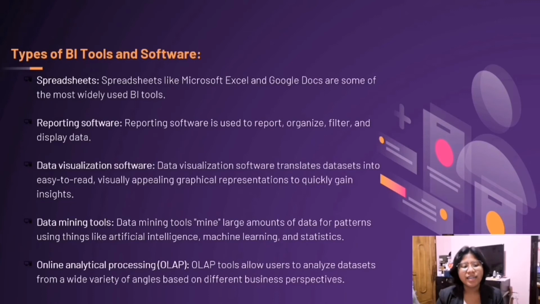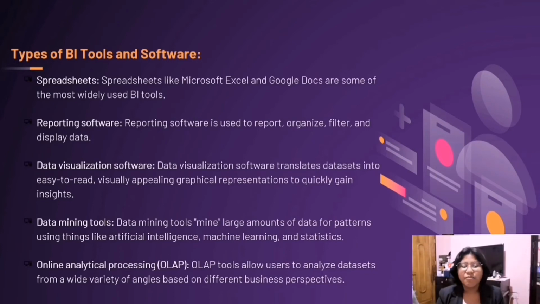Next is online analytical processing or OLAP. These tools allow users to analyze data sets from a wide variety of angles based on different business perspectives. What this means, the phrase a wide variety of angles based on different business perspectives, is that they are showing data in many different ways.